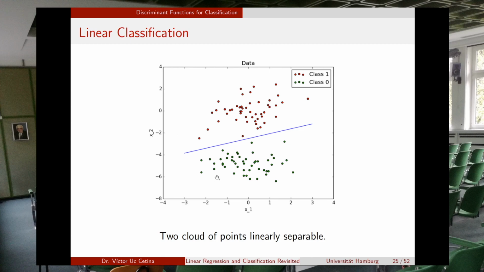Imagine, for example, that these points were not in a 2D space, but in a 3D space. So suppose that we have here dimension x3. So our space will be like a cube. Then this decision boundary would be a plane, not a line.